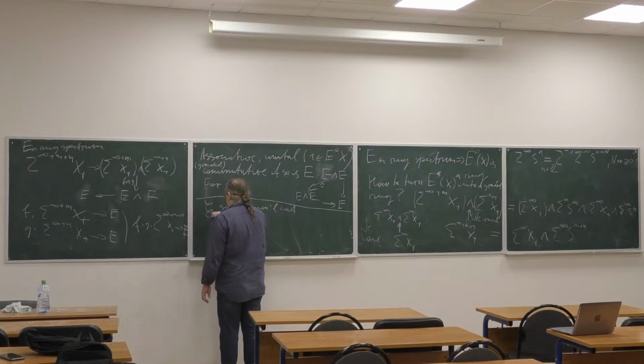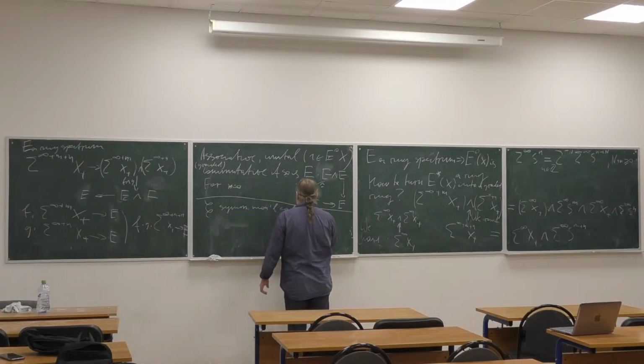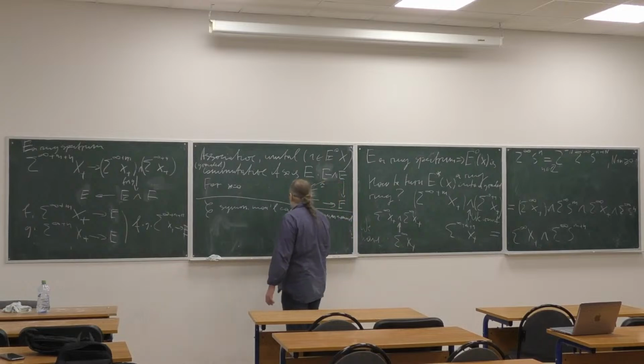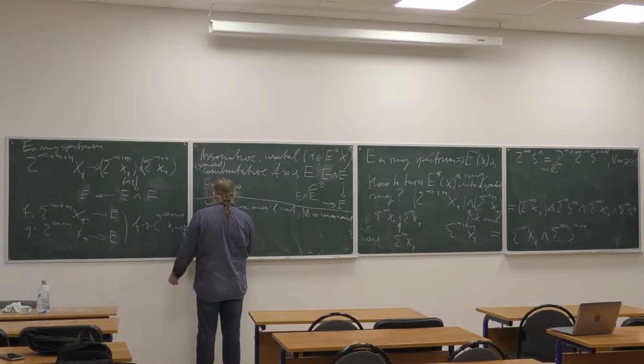Okay, so suppose we have a symmetric monoidal category, M a commutative monoid, and C a co-commutative comonoid.